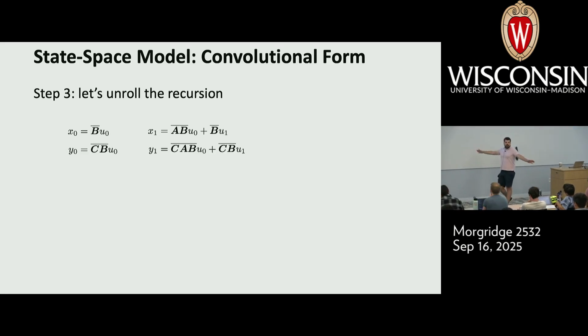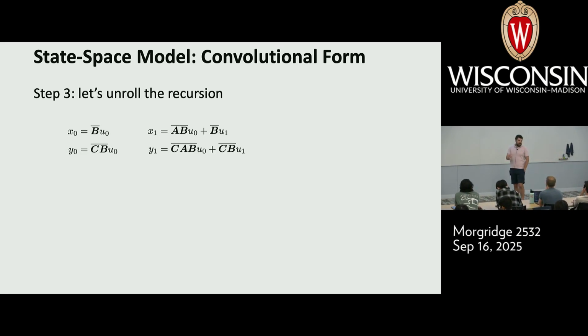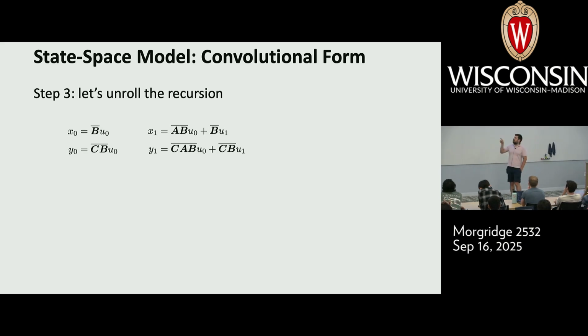Well, there's no previous state. So the state x0 is exactly given by the input that I'm getting at time 0. That is this Bu0. Okay, and now my output is always C times my state. So I take my x0 and I multiply it by C on the left to get y0. Just plug and chug. I'm using the rules of those recursions that I've created.